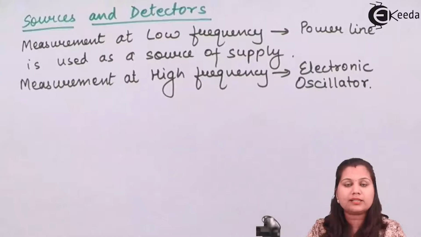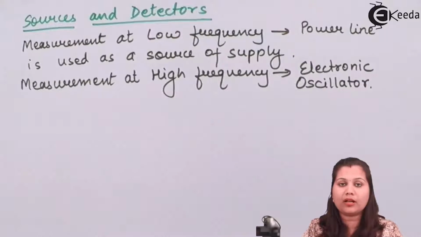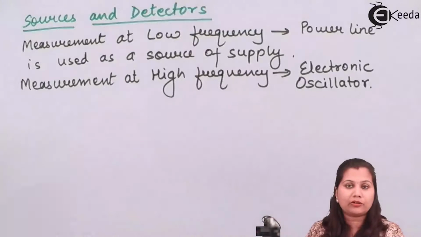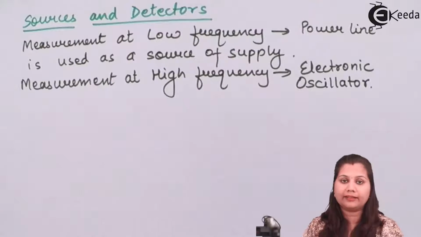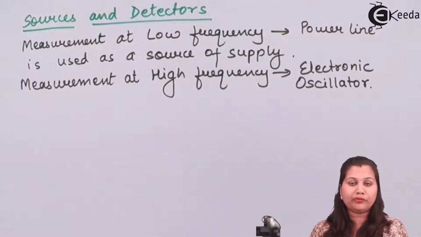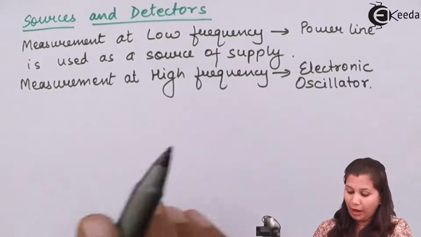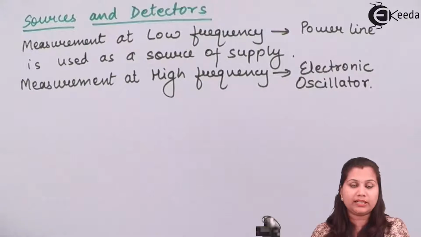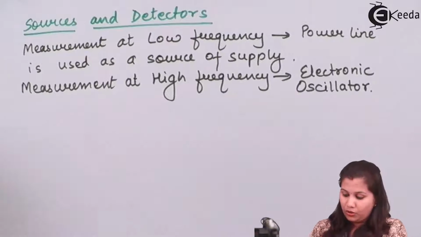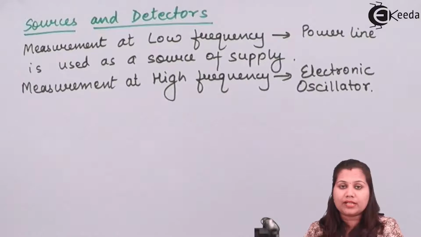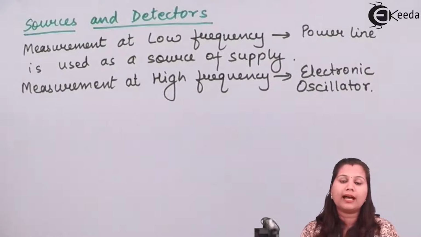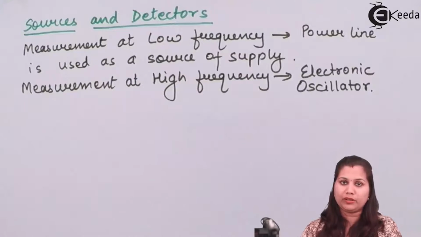Electronic oscillators are used as sources of supply because the frequency they provide is fixed and not varying. Also, the output waveforms of the electronic oscillators are sinusoidal in nature, and their output power level is suitable for the other bridge networks.